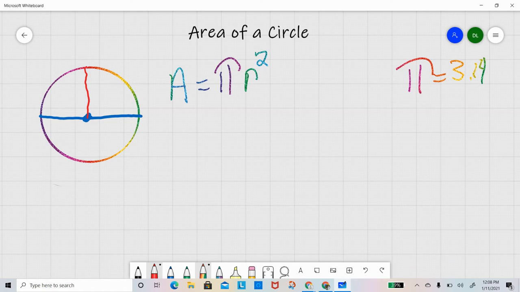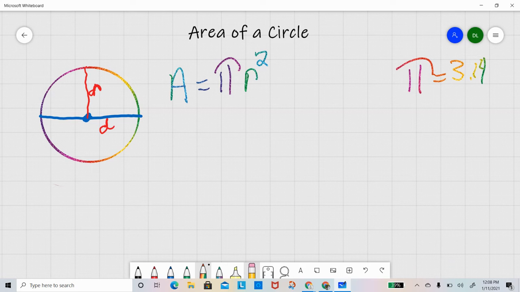It goes from the center point to any point on the circle. So diameter is that distance across, and radius, ooh, I almost messed that up. Okay, the radius is that line that goes from the center point to the outside edge. So we have diameter and we have radius. Not a very good picture, but I think you get my point.